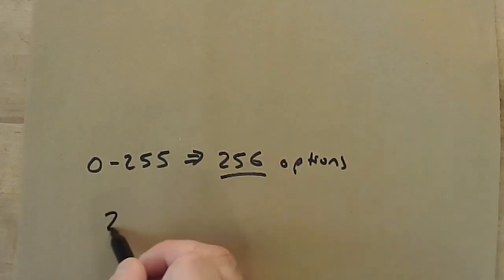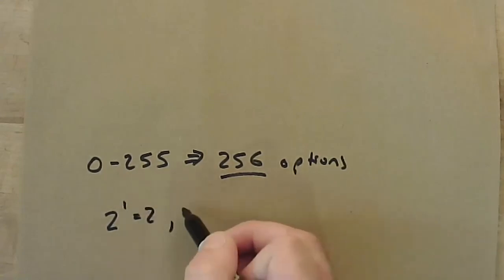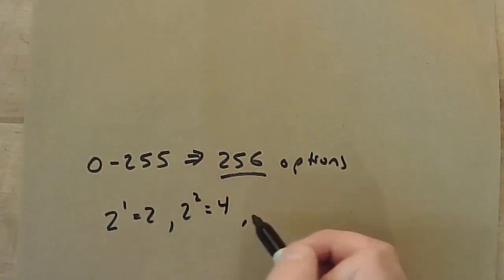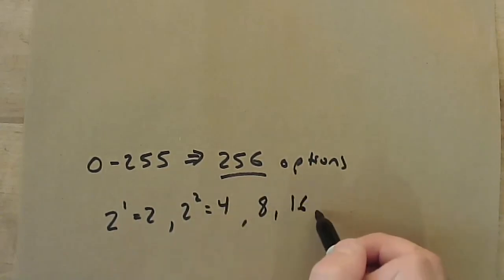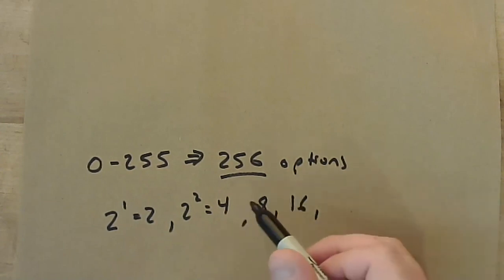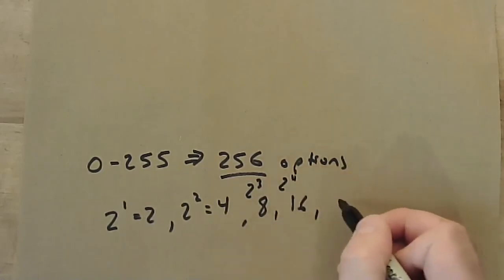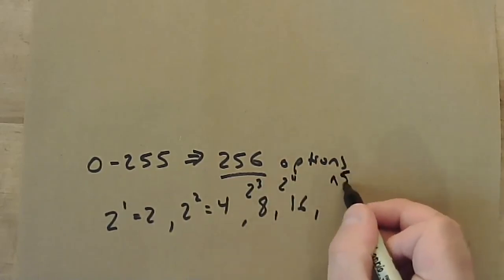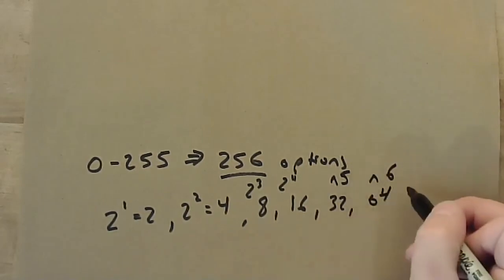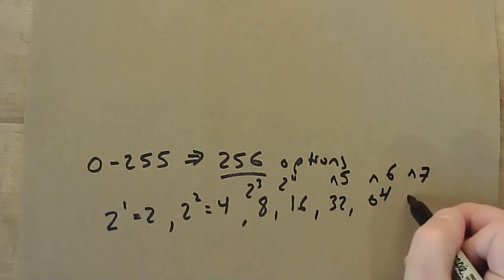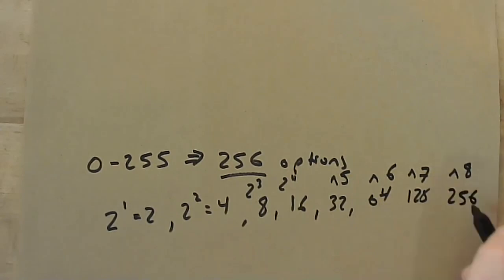So we have 2 to the first is 2, 2 to the second is 4, and so on. 2 to the third is 8, 2 to the fourth is 16, 2 to the fifth is 32, to the sixth is 64, to the seventh is 128, and to the eighth is 256.